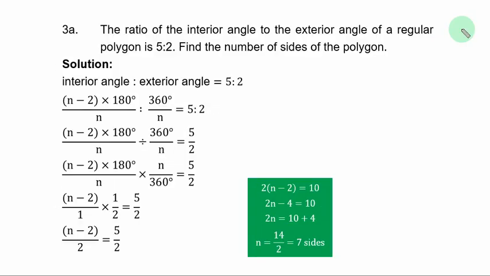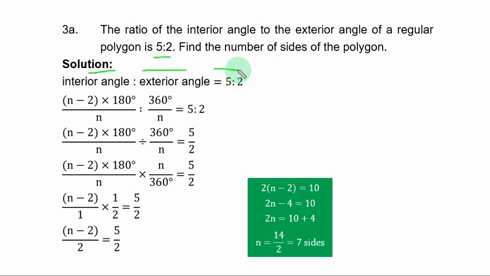Question 3a. The ratio of the interior angle to the exterior angle of a regular polygon is 5:2. Find the number of sides of the polygon. From the question, you have it that interior angle ratio exterior angle is equal to 5:2.